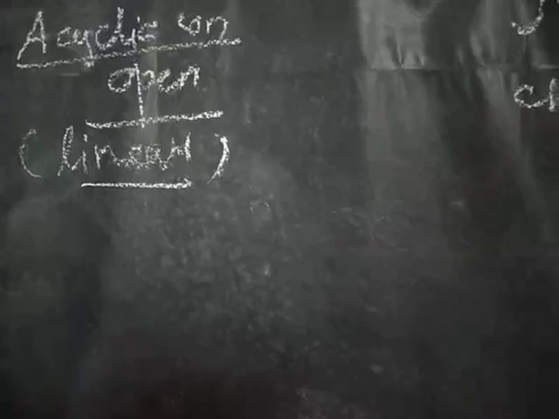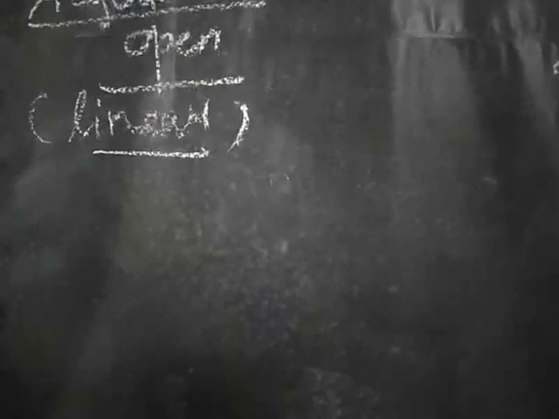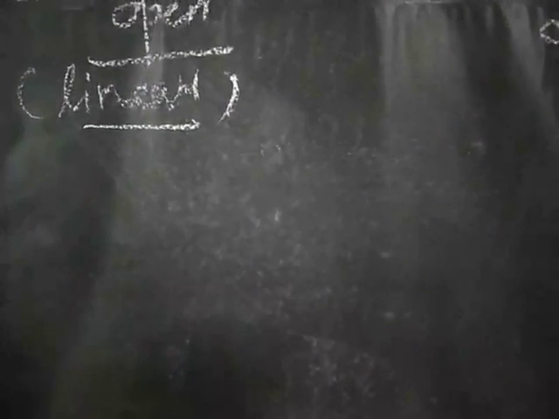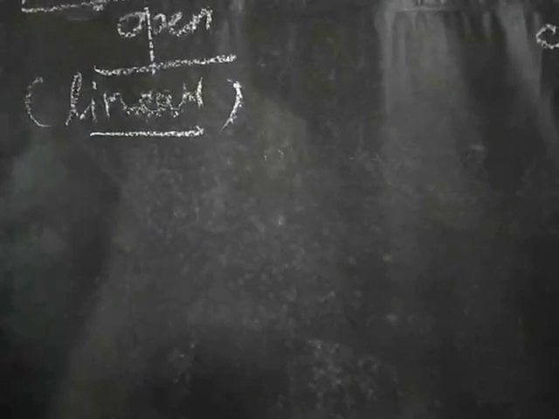The type of compounds are called acyclic or open chain compounds. Carbon atoms are linked in a linear pattern to form an acyclic or open chain compound.